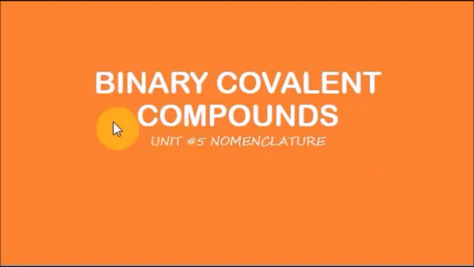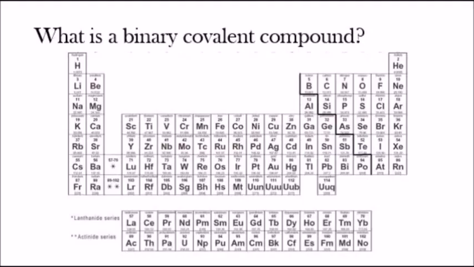Let's first understand what a binary covalent compound is. A binary covalent compound is a compound which has two elements, hence the binary, which are to the right of the zigzag line on the periodic table.